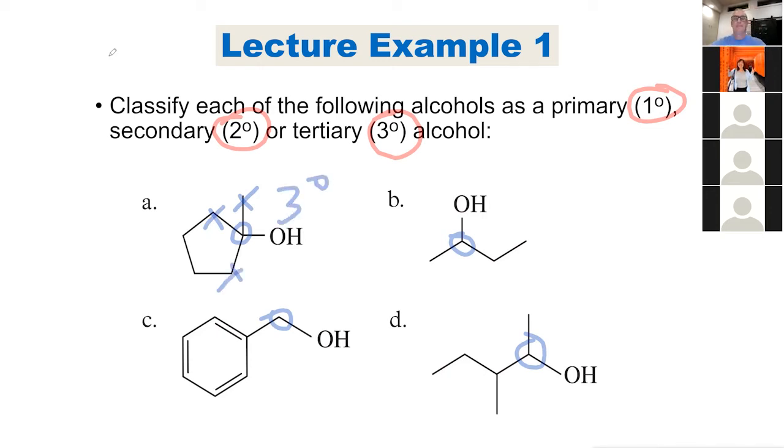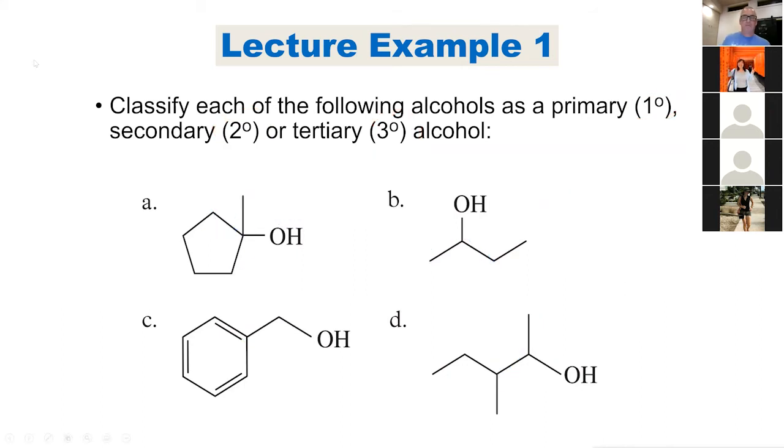What about B? Secondary, right, because it's attached to one there, one there. So it is secondary. What about C? Primary, right, it's only attached to one other carbon, this one right there. Excellent. And then what about D? That'd be secondary. Secondary as well, right. So it's got 1, 2. So secondary. Great job.